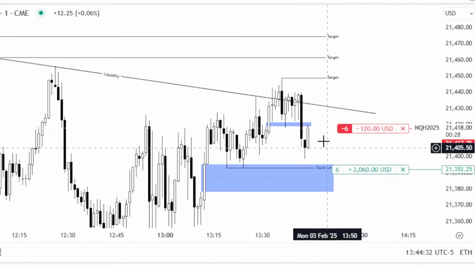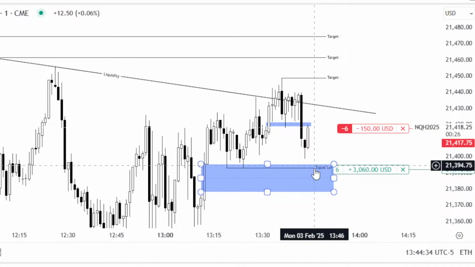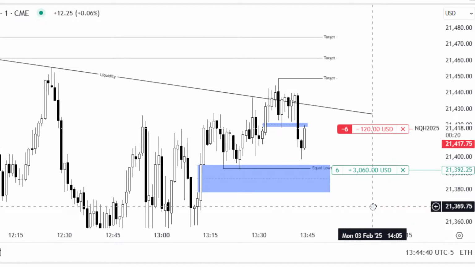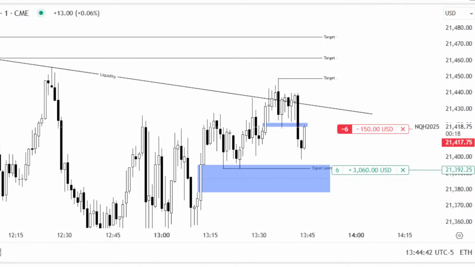Now I want to see if it's actually going to come down to these equal lows, or if it's just going to smash through.